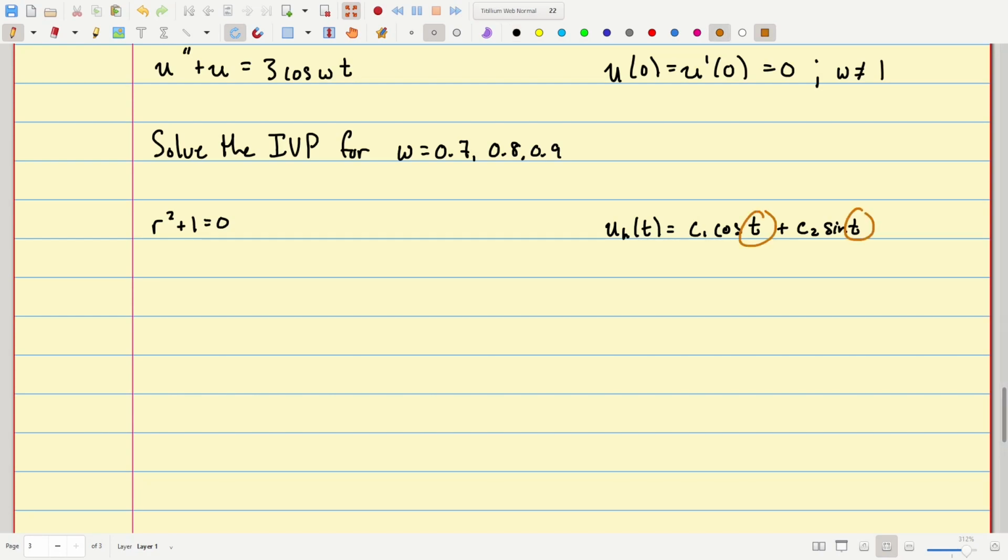The fact that these are just t's tells us why omega is not allowed to be equal to 1, because then the right-hand side would be linearly dependent upon our solution, which we don't want.